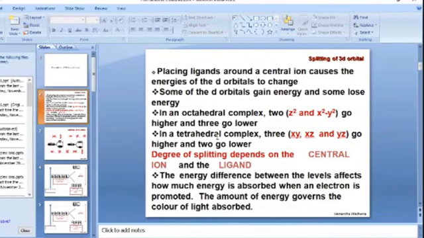The energy difference between the levels affects how much energy is absorbed when an electron is promoted. The amount of energy governs the color of light absorbed. If you go back to your notes, you will see in very simple form what is involved in the formation of colored ions.